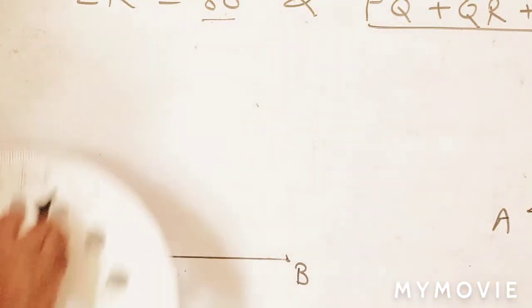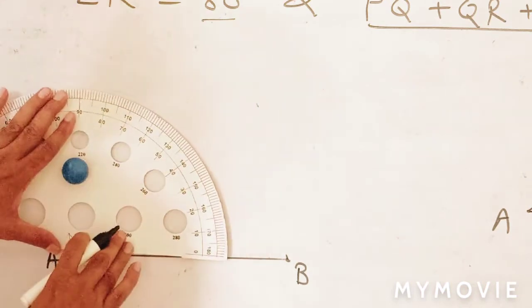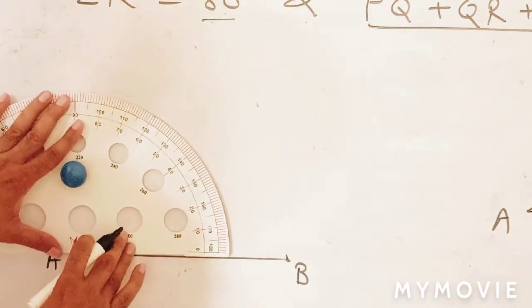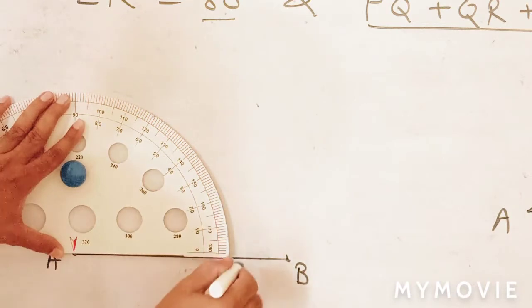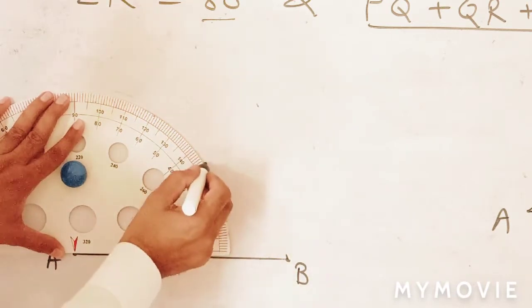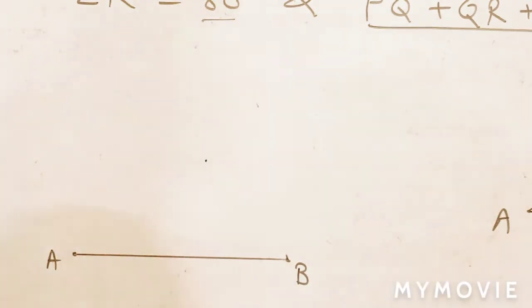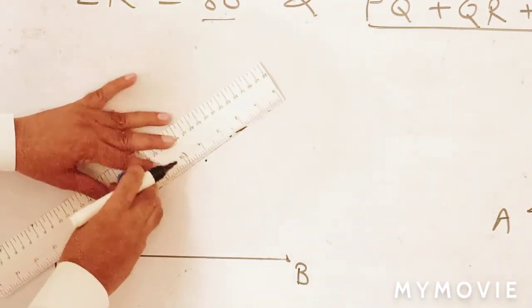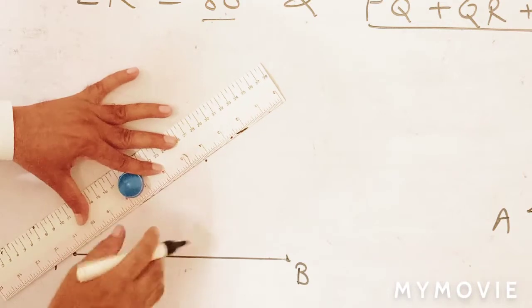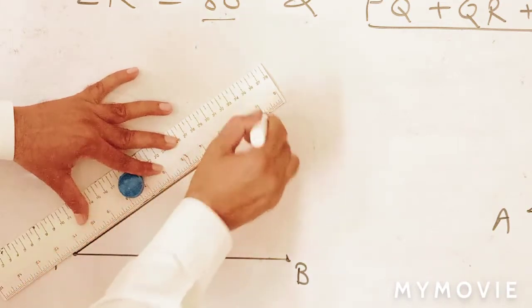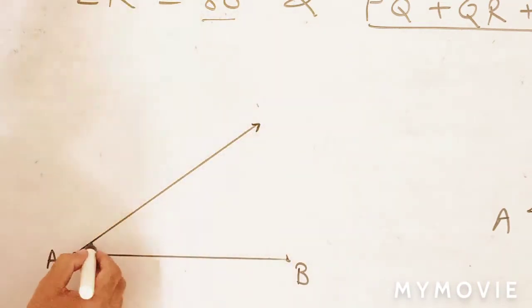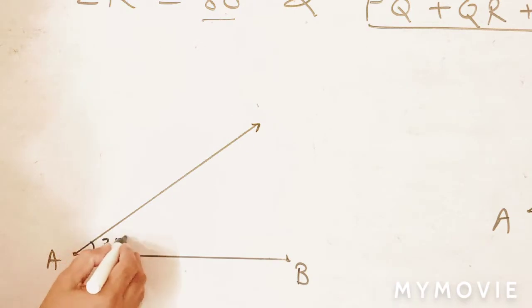Then half of 70 at A. Half of 70 means 35. Draw angle 35. 35 will come here. First mark a point and then draw a ray from point A. This angle A is 35 degrees.